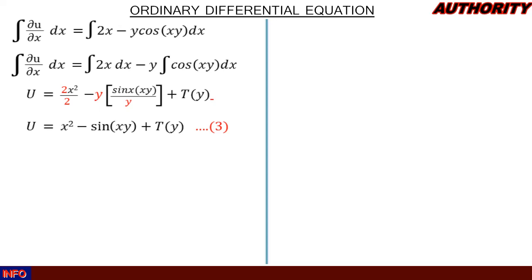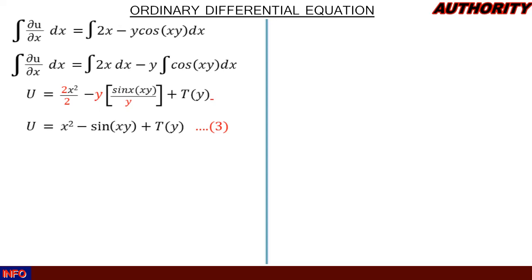All right, good. Now let's go again. We are looking for the function u of x and y, such that when you differentiate this function u partially with respect to x, it's going to give you m that we have, and when you differentiate this same function u partially with respect to y, it's going to give you n.